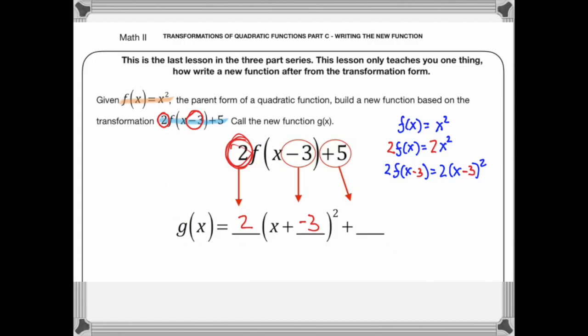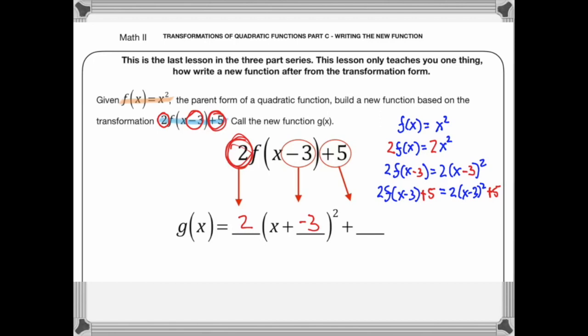Okay, and then finally we have this vertical shift of plus 5, and to put this over here on this side, we're going to go minus 3 and then add 5 outside of that function notation. Okay, and we're going to get 2 times x minus 3 squared, and then do a plus 5 on the outside.